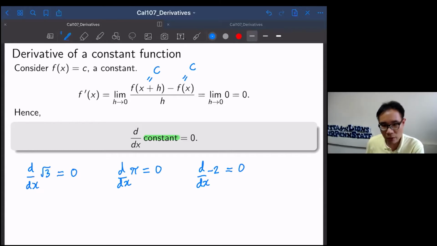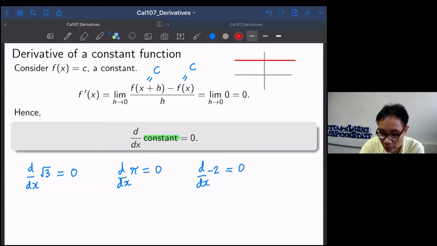What does it mean to have derivative equal to 0? It means you're not going to see any change in y at all. So the function is the constant function c, like this, with y and x axes.